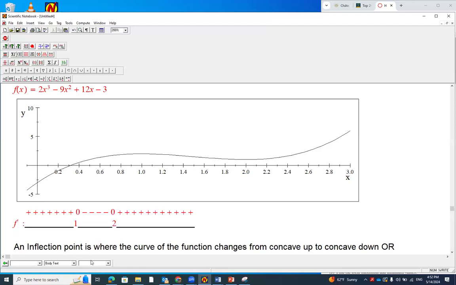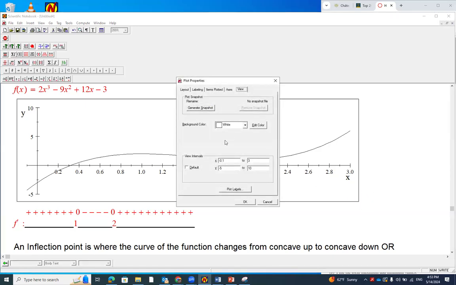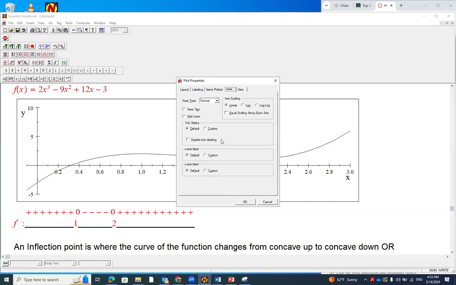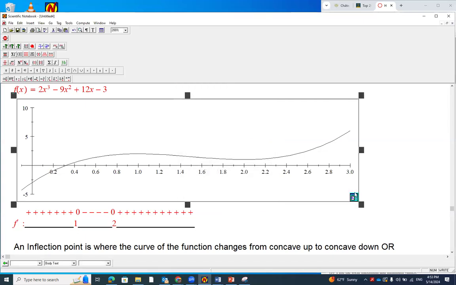F prime. Okay. Let me make just a little bit of adjustment here. There we go.